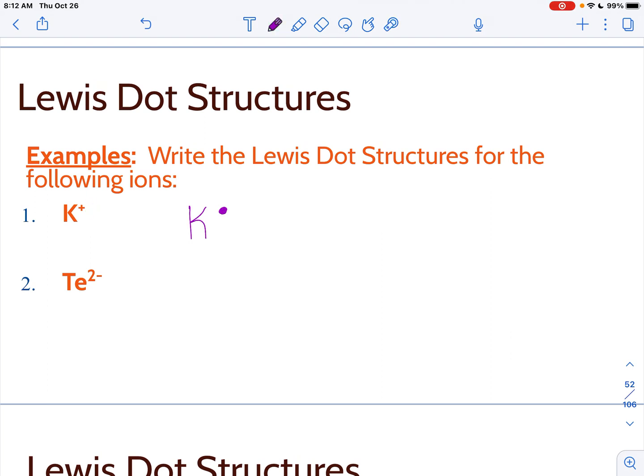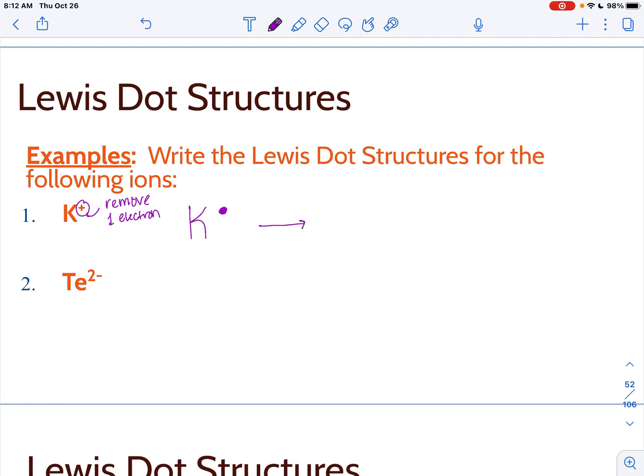So when you see a positive charge, you're actually going to remove 1 electron. We don't really write ones very often in chemistry, except in very specific circumstances that I'll talk about throughout the year. So if you just see a plus with no number next to it, it's a 1 plus. If you just see a minus with no number next to it, it's a 1 minus. So this says to remove 1 electron.